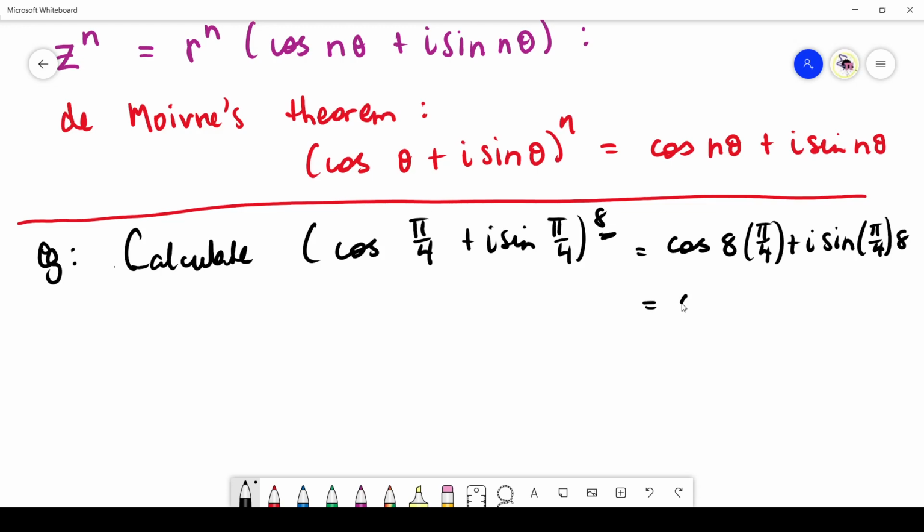You will end up getting cos 2π + i sin 2π. And you guys know that sin 2π goes to 0, so you'd end up with just cos 2π, which has a value of 1. And that is how you can apply De Moivre's theorem.